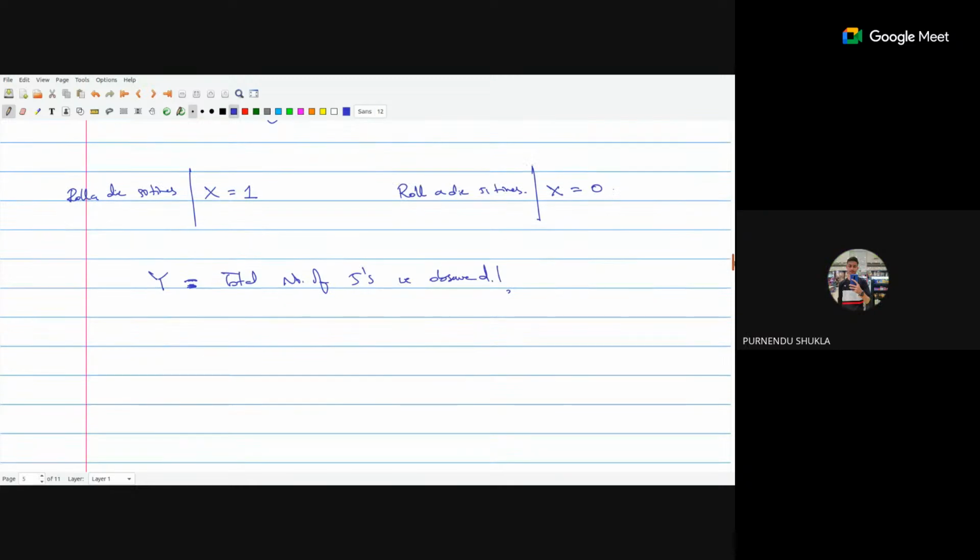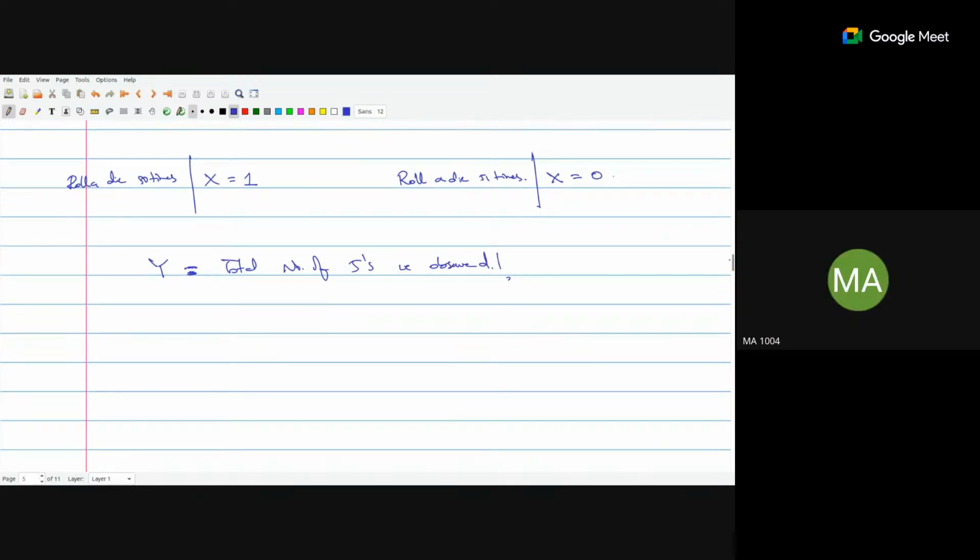This is how I defined my random variable. Now you can see Y given X equals 1. This is the conditional distribution. So I will look at the distribution of Y given X equals 1.